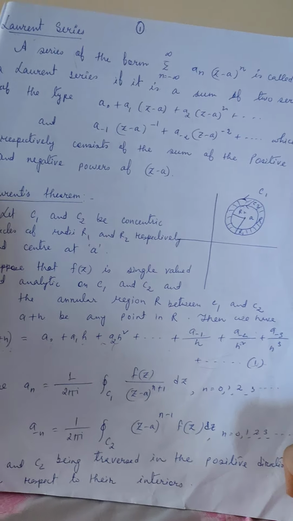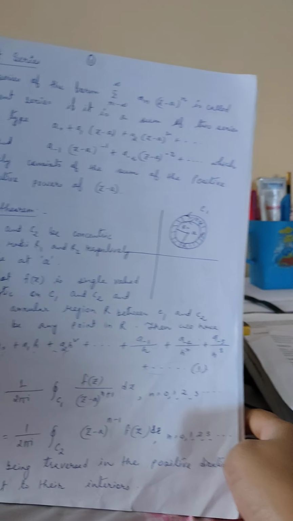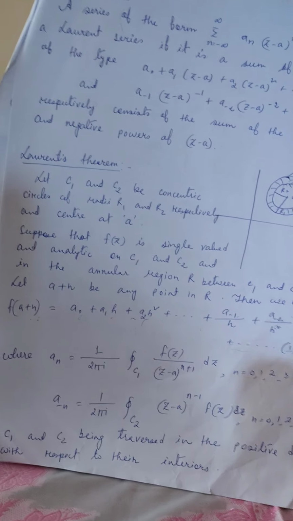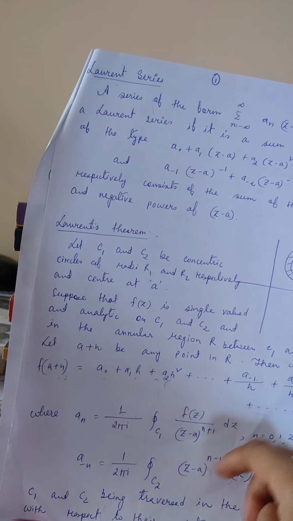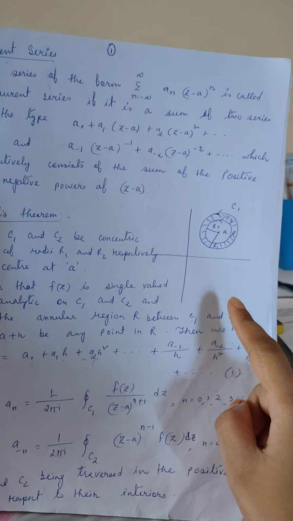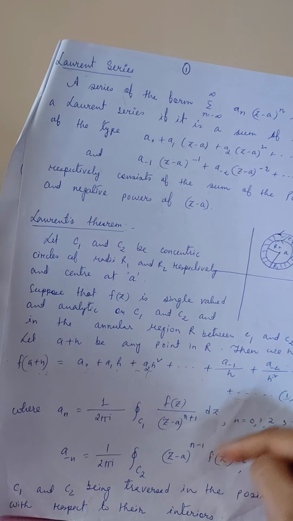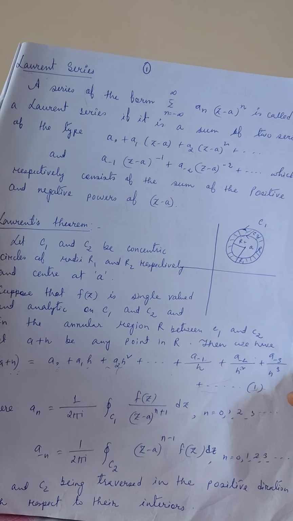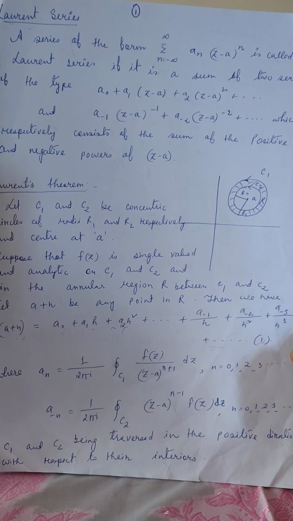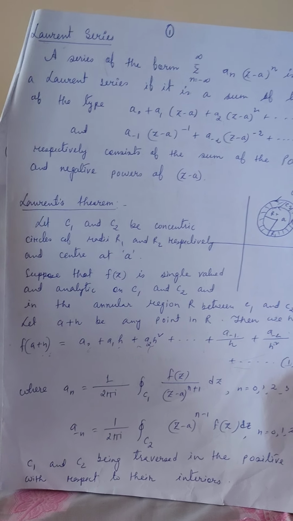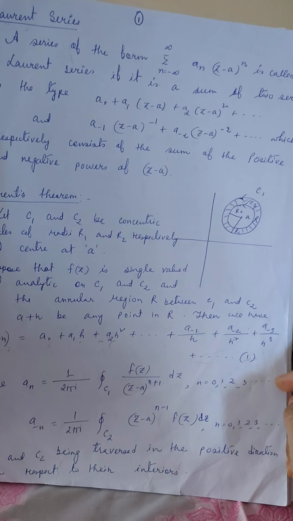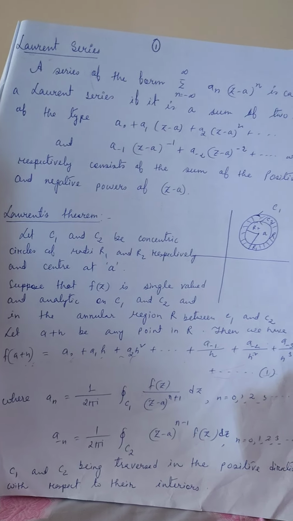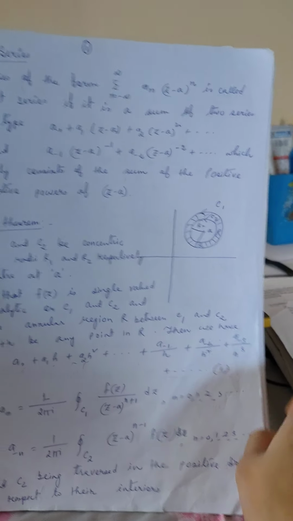Here the value of n goes from 0, 1, 2, 3, and similarly for a minus n, that is the negative power part, it is also 1 by 2 pi i, closed integration over C2 of z minus a to the power n minus 1 times f of z dz, with n from 0, 1, 2, 3 like this. C1 and C2 are being traversed in the positive direction with respect to their interiors.